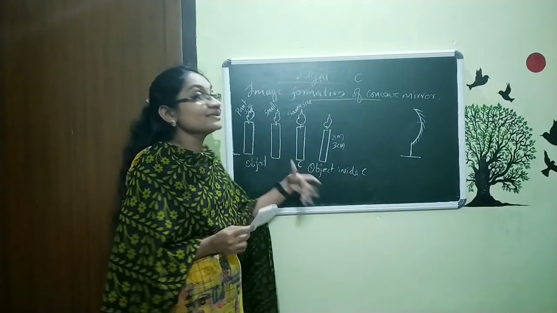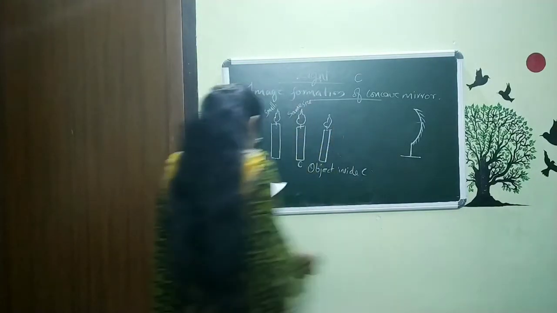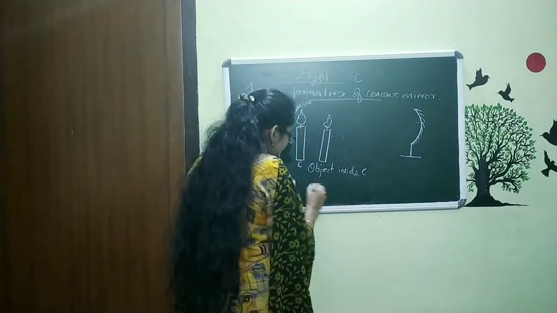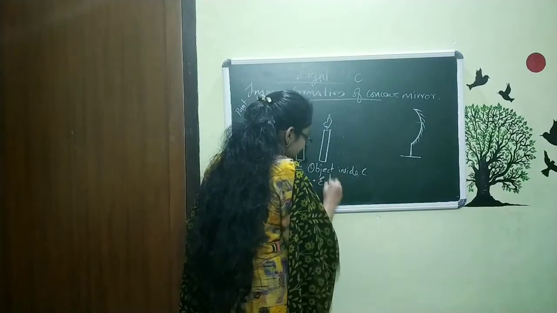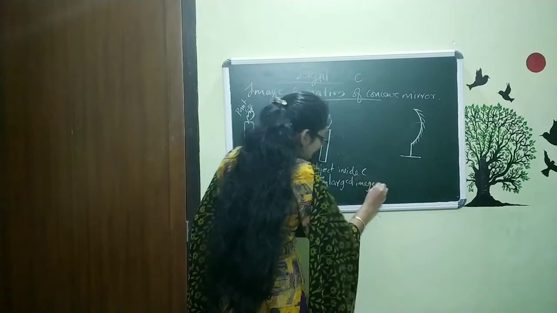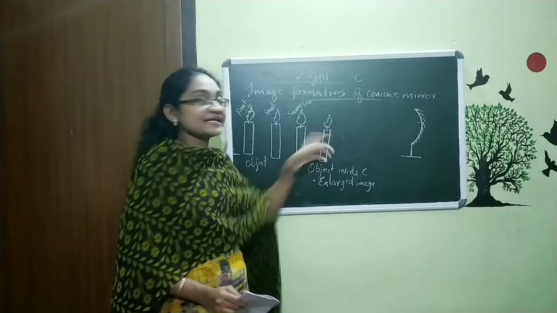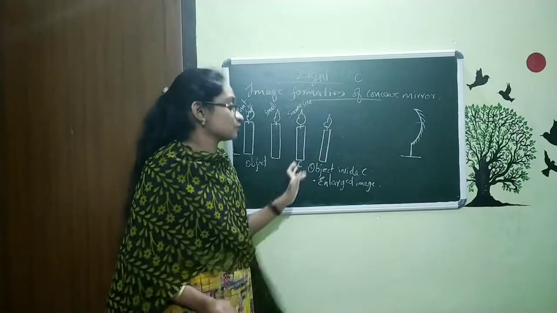That means we can say it is enlarged or big. So, we can write the size of the image is enlarged. Enlarged image we get from the object placed inside the C. And this is very near to C.